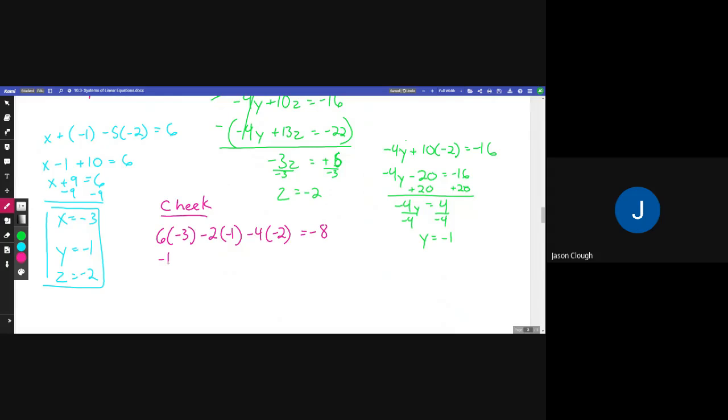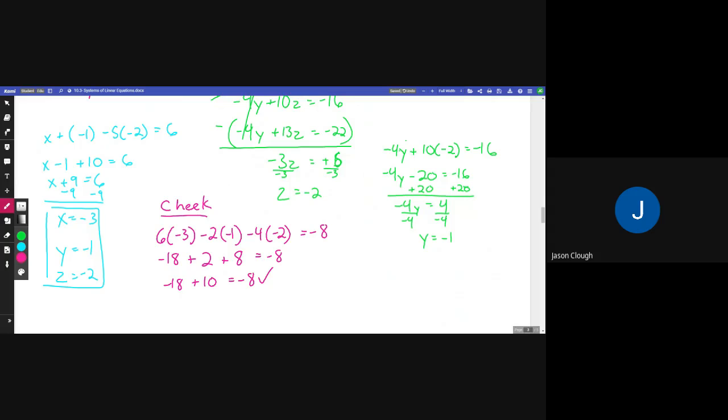So this becomes negative 18. This becomes positive 2. And this becomes positive 8. Negative 18 plus 10 is negative 8. Therefore, we are correct, and these are our solutions.